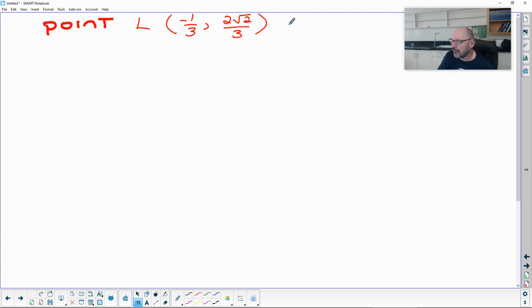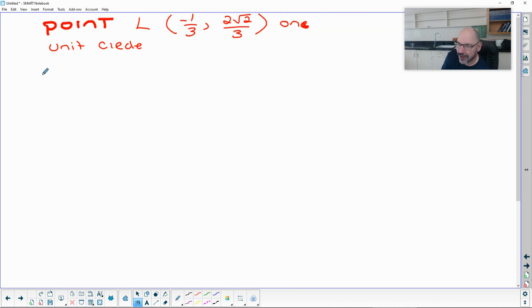Okay, this is on the unit circle. It's not one that's a 30, 60, 90, or 45-degree special triangle. It's one in between. So that means that if we took this and squared it and that and squared it, we'd get 1 for the radius.